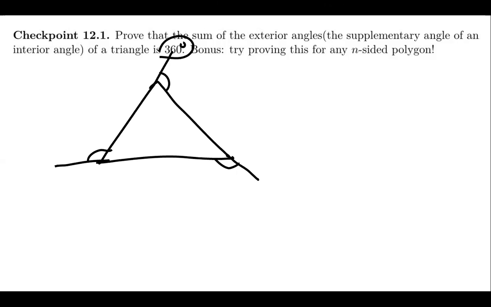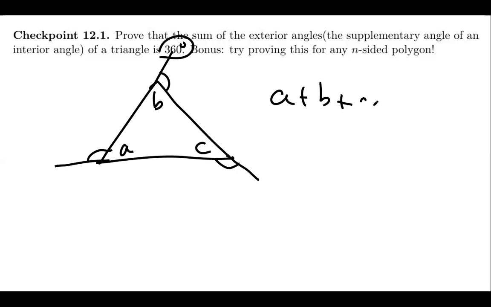Okay, did anyone get the proof? Looks like Florence has something. Right, so if the sum of the interior angles is 180, let's label some of the measures for convenience.